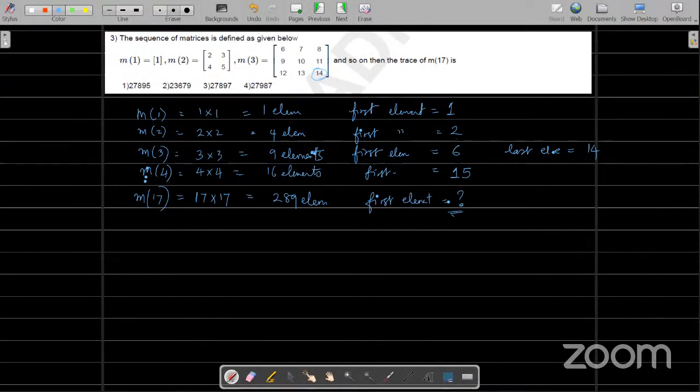So now that you have 1, 2, 6, 15, the factorial fails. Correct? It should have been 24 according to one of you. But now we don't have 24, it starts with 15. So could it be 1 plus 16 square? Okay, that means you are saying it is 1 plus 4 square, that is 17, but I got 15. So you're saying 4 square minus 1.